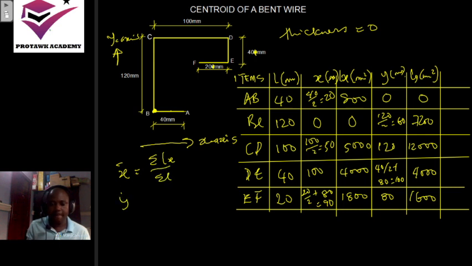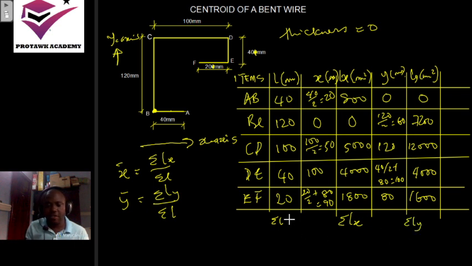Y bar will be equal to summation of ly over summation of l. So for us to find this, we need to sum the whole of this to have our summation of l, sum this to have summation of lx, and sum this to have summation of ly.